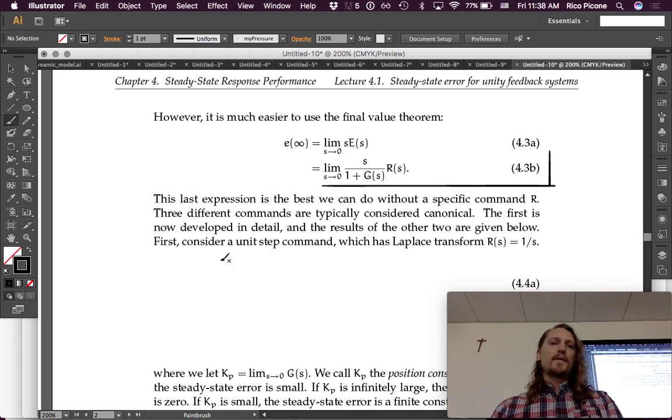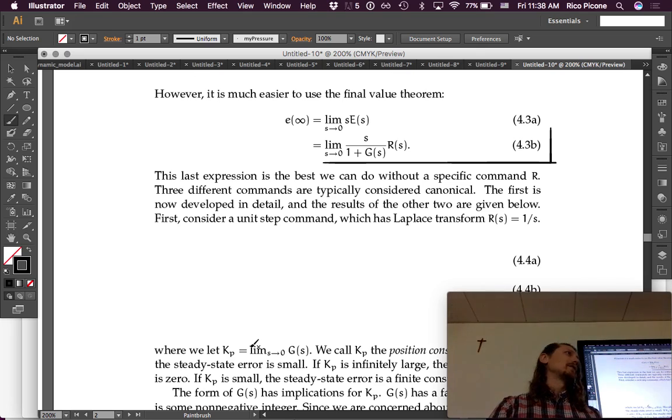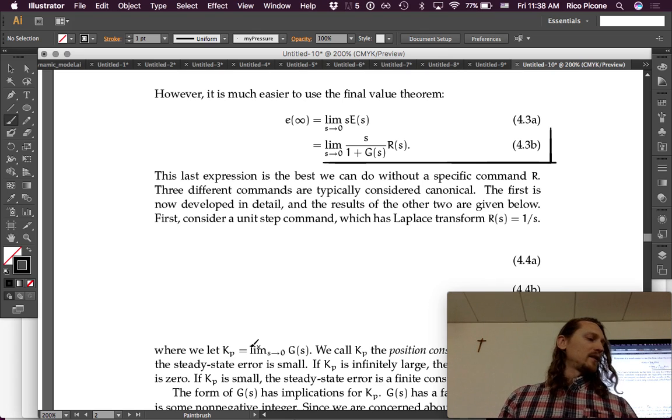So first, consider a unit step command, which has Laplace transform R of s equals 1 over s. I don't know if you remember that, but the unit step has Laplace transform 1 over s. So we know what R is, so we can plug that in.